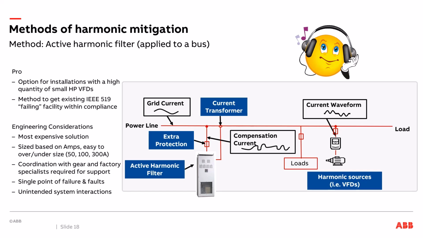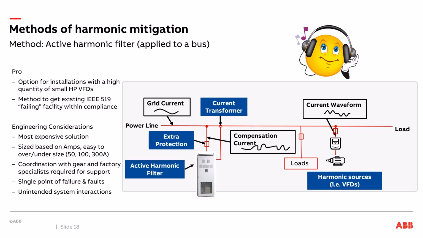Lastly, I have listed on there unintended system interactions. This is one you may not know is happening until it's too late. I can speak from personal experience. At a previous drive manufacturer, we used to use active harmonic filters with the MCC lineups that were full of drives. Whenever we did that, we had to essentially detune the harmonic filter, so have it not go after certain harmonic frequencies.